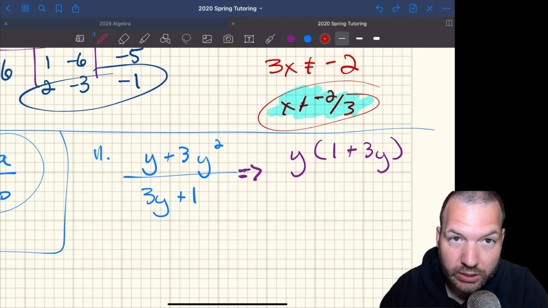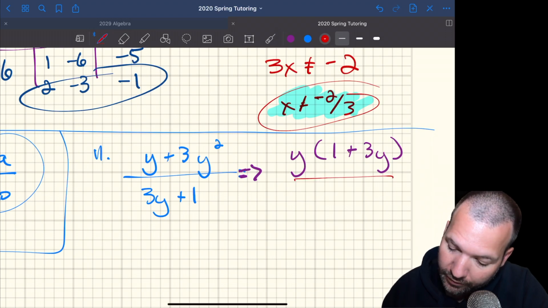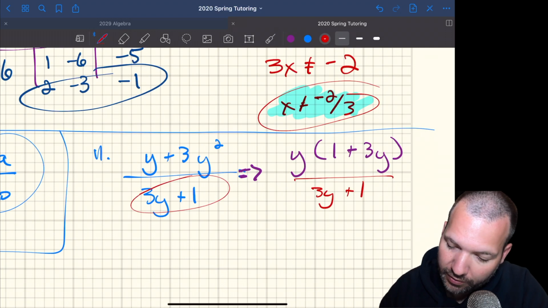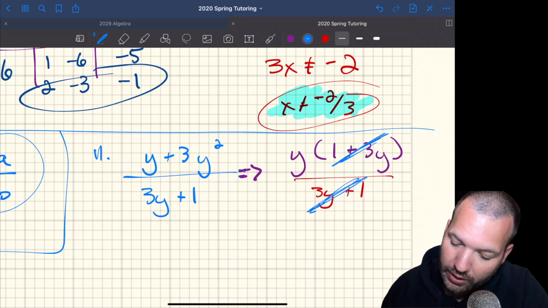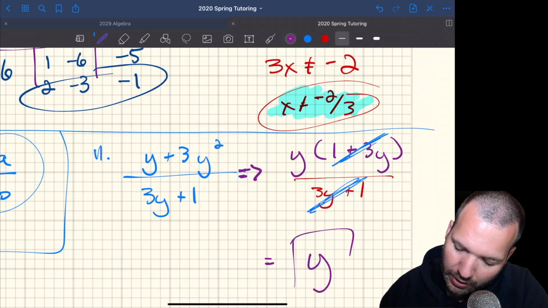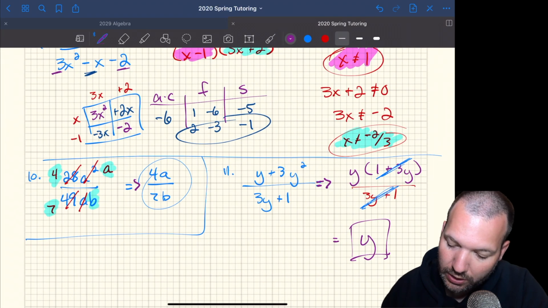If you don't, we need to meet and talk. Divided by 3y plus 1. Nothing factors out of that denominator. But hopefully you recognize addition is commutative, and so 1 plus 3y is the same as 3y plus 1, and that's why we can say this is the same as simply y.